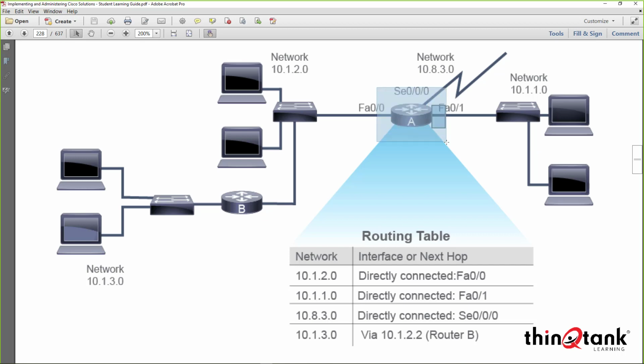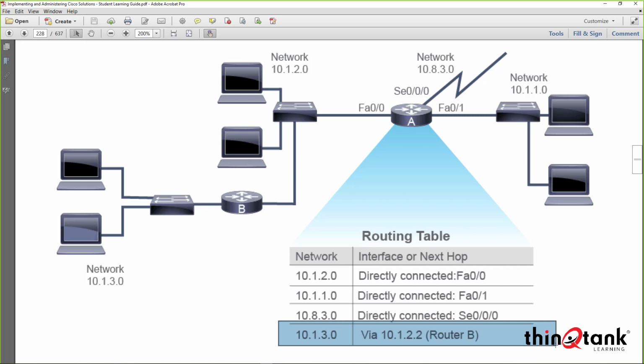The router is going to say, oh, you're trying to talk to 10.1.3.5. Do I have a route in the routing table for 10.1.3? Yes, I do. We don't know how this route was learned. Let's just assume it was OSPF.